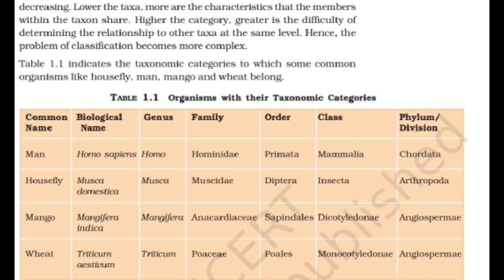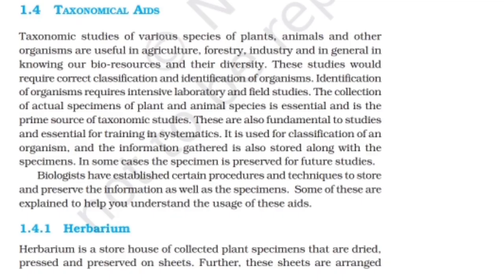Common name mango, biological name Mangifera indica, genus Mangifera, family Anacardiaceae, order Sapindales, class Dicotyledonae, phylum or division Angiospermae. Common name wheat, biological name Triticum aestivum, genus Triticum, family Poaceae, order Poales, class Monocotyledonae, phylum or division Angiospermae.